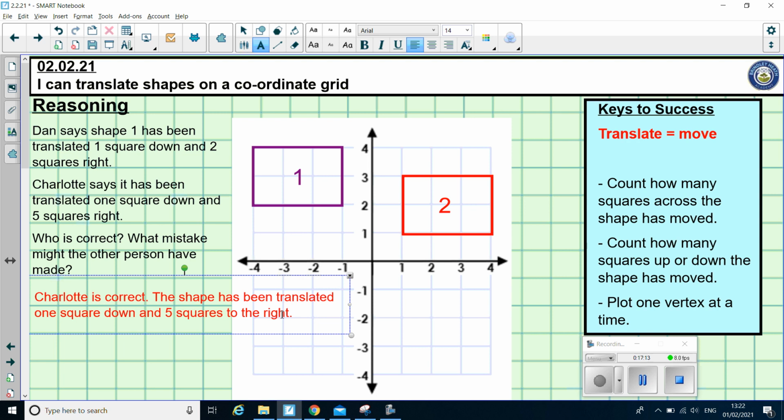So Charlotte is correct. The shape has been translated 1 square down and 5 squares to the right. Dan is incorrect. He has not translated each vertex individually.